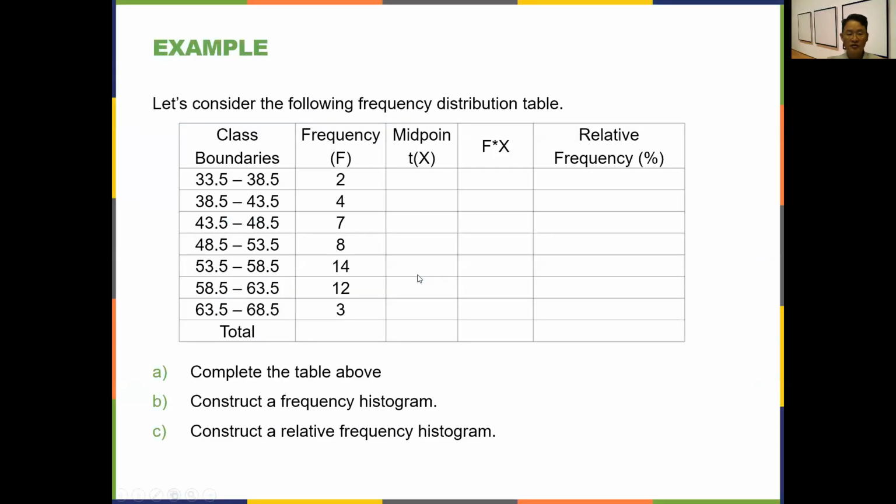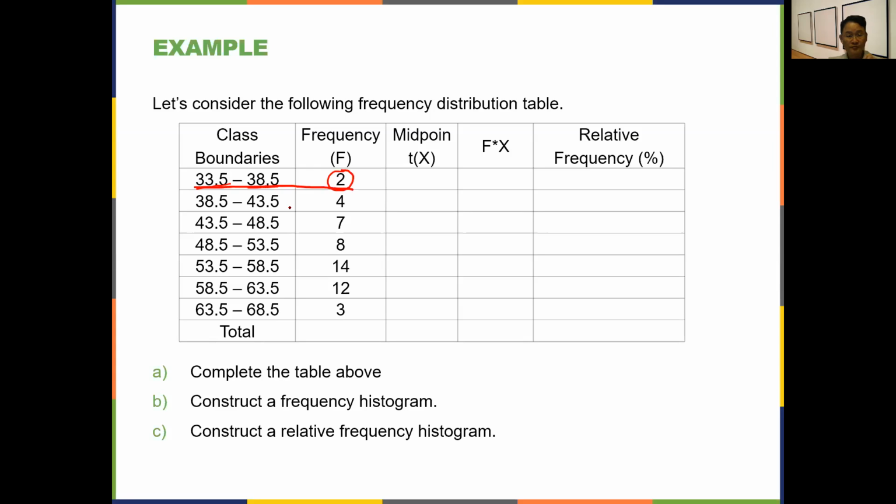Okay. So, talking about this first line, what does that really mean? We have a frequency of 2 between this number and this number. So we don't know the actual data. But what we know is this: we have two data points anywhere between 33.5 to 38.5.